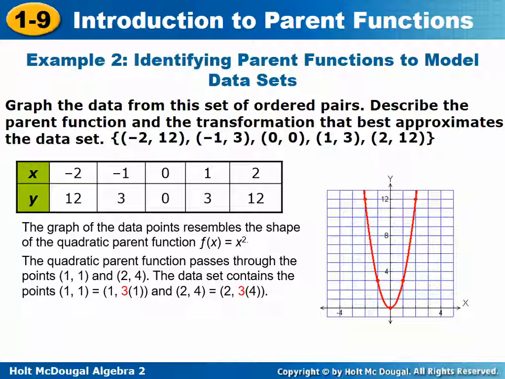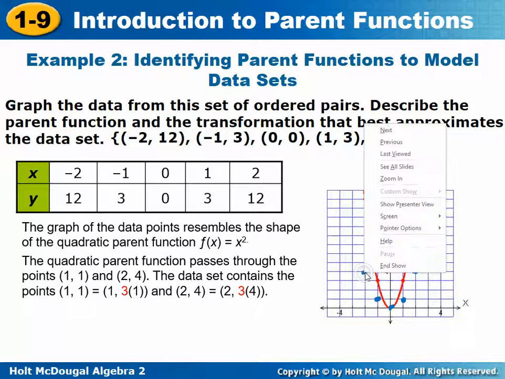And then you can even study a little bit more, especially if, on top of this, you were to graph the parent function. Let me get that on here, which goes through 0, 0, 1, 1, and negative 1, 1, and then it goes through 2, 4, and negative 2, 4.